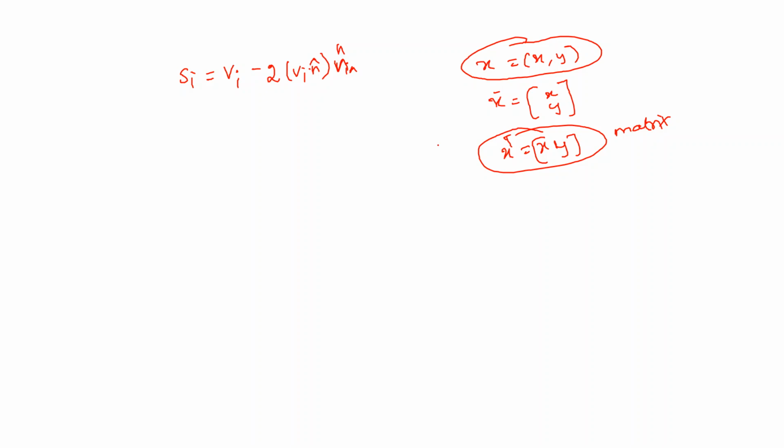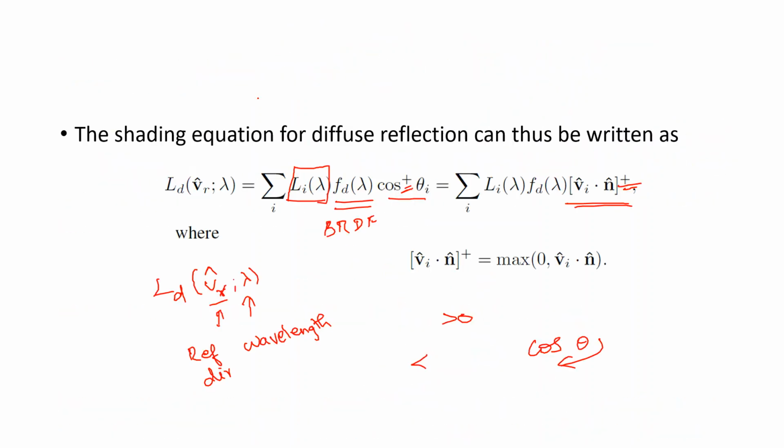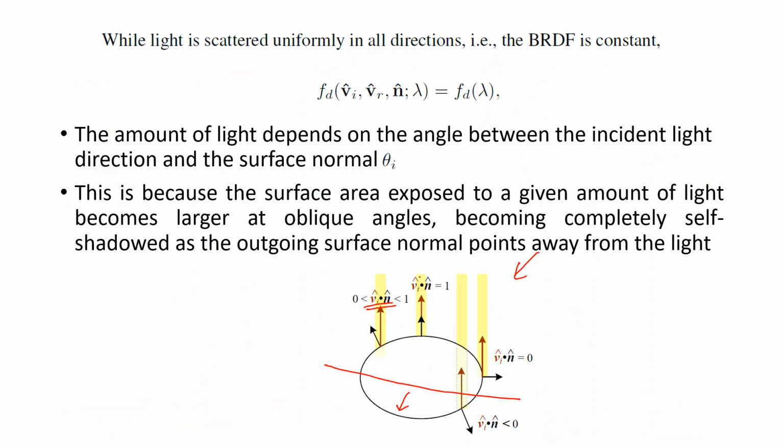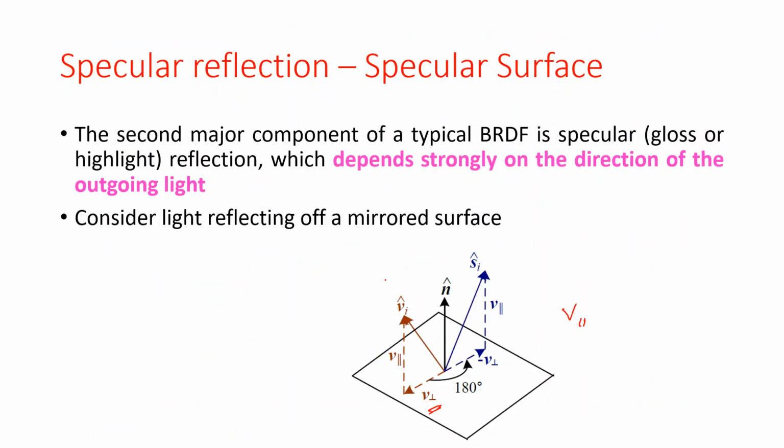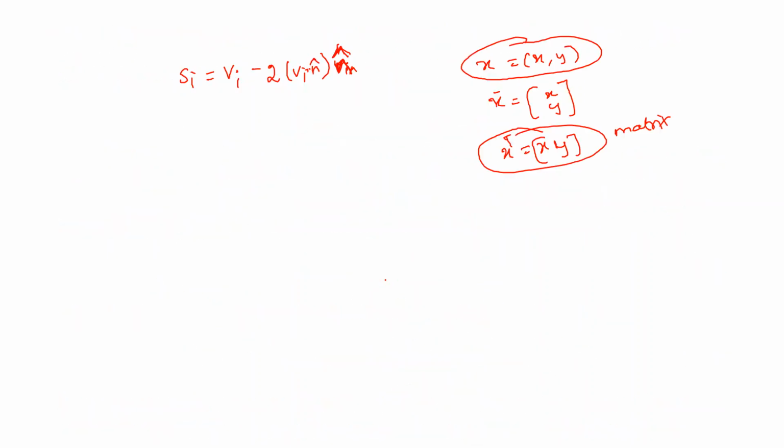This we already know. Similarly, writing this dot product between Vi and N cap, we know this, right? This one we have already explained. The dot product of V cap and N can be replaced with a matrix using the transpose. The normal can be represented in the matrix using the transpose.